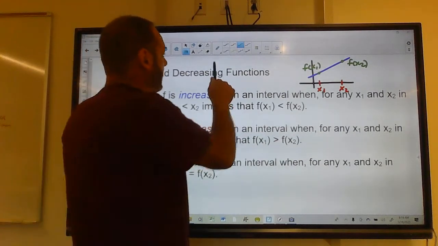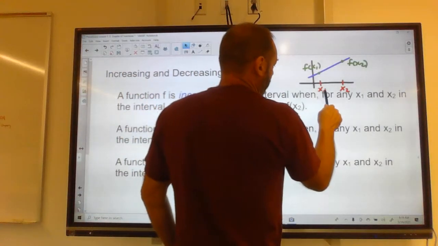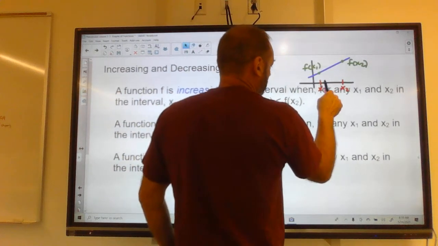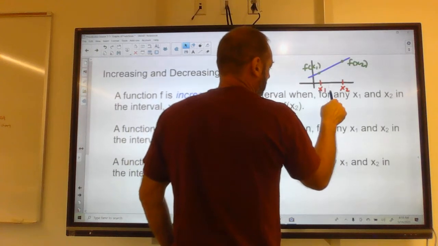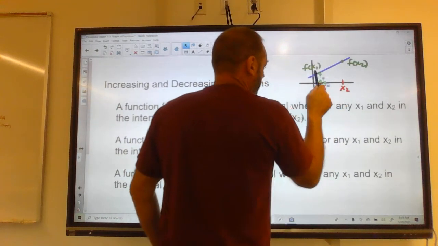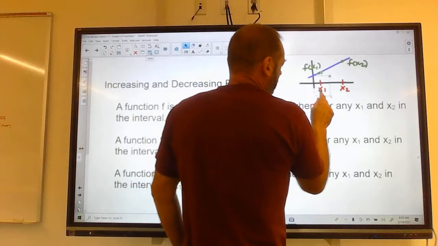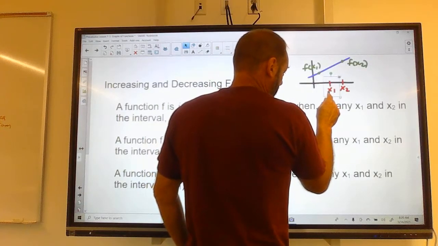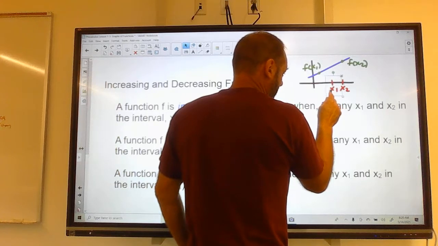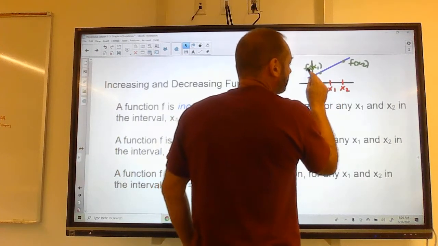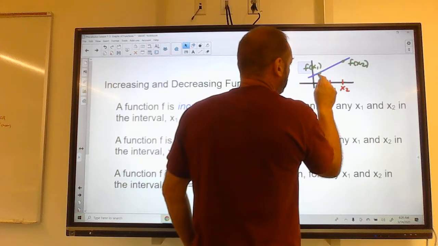Okay, and it doesn't matter where I move this, as long as it's less than x2, my f of x1 will be less.